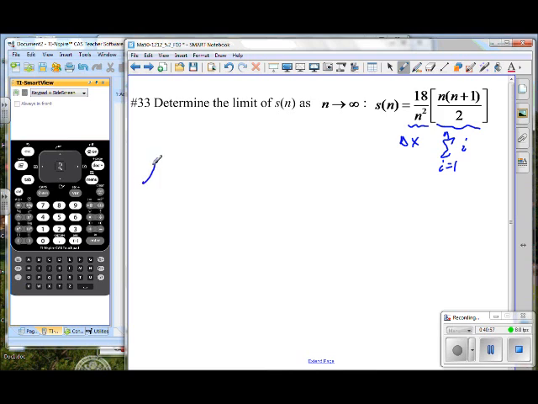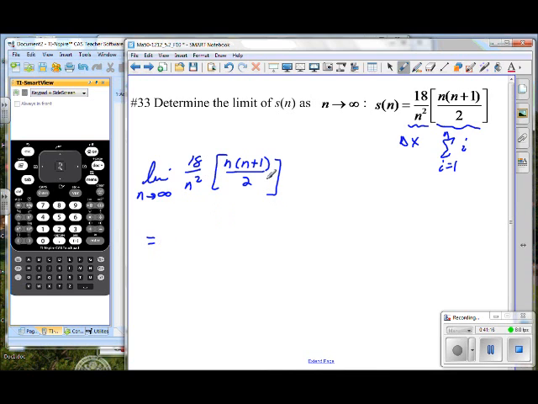What the problem is asking for is the limit as n goes to infinity of 18 divided by n squared times this n, the quantity n plus 1 divided by 2.